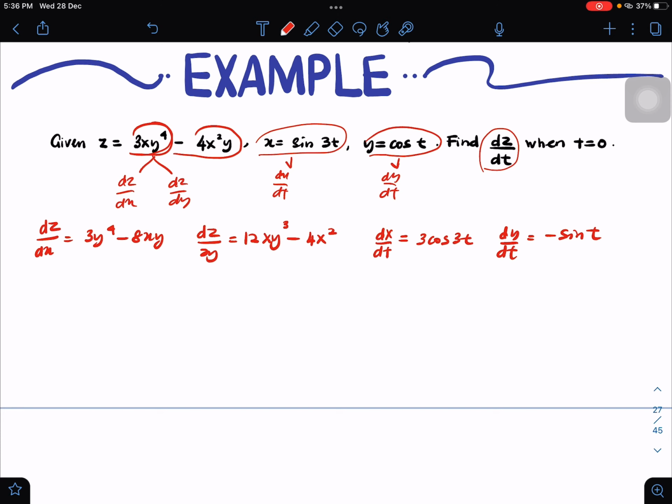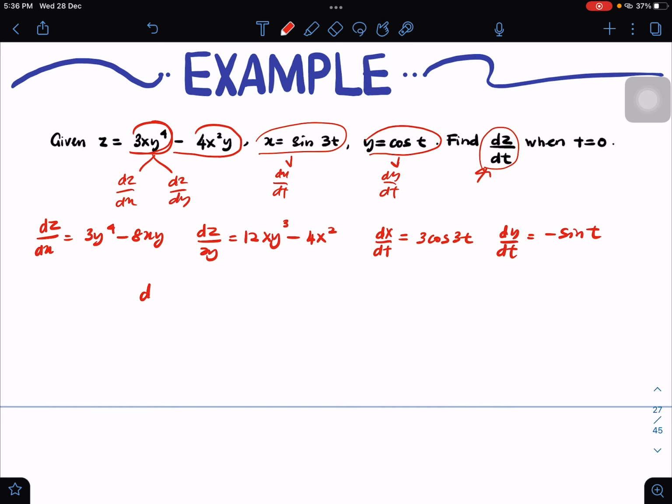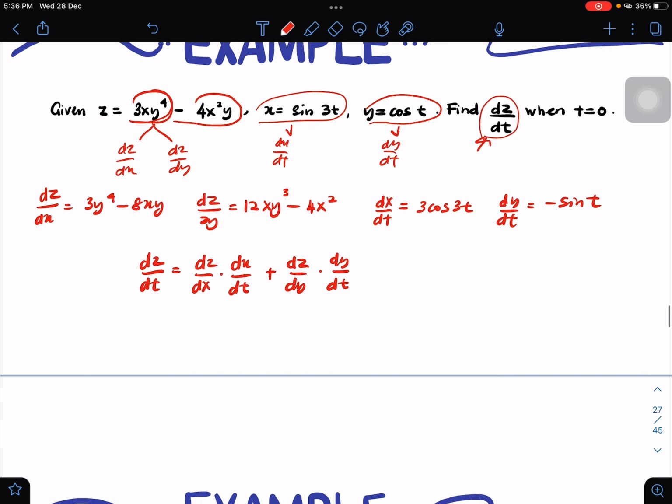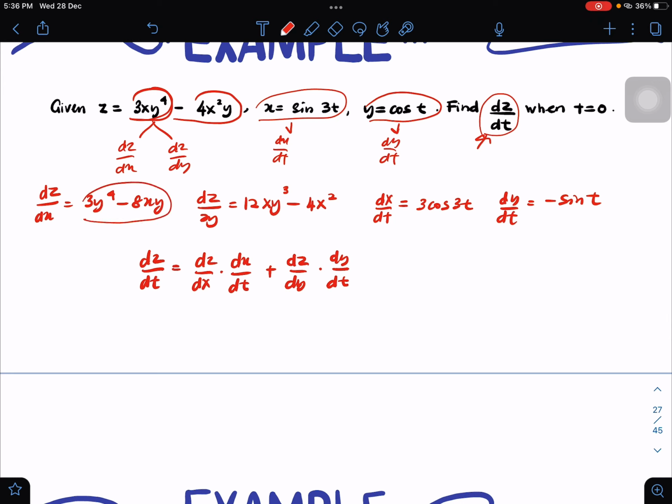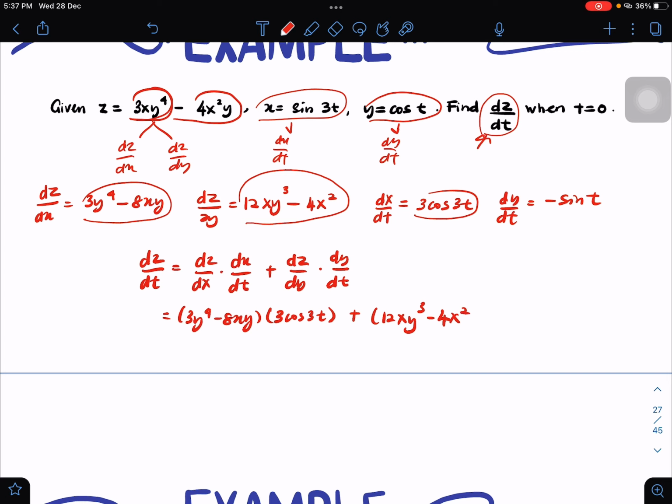So now, what is the formula to find dz/dt? dz/dt is equal to dz/dx multiplied by dx/dt, plus dz/dy multiplied by dy/dt. Your dz/dx you already have, which is 3y to the power of 4 minus 8xy. dx/dt is 3 cos 3t, plus dz/dy, which is 12xy cubed minus 4x squared. dy/dt is negative sine t.